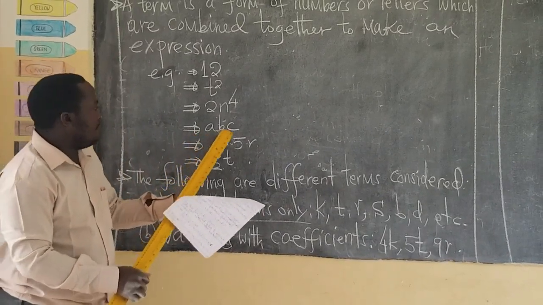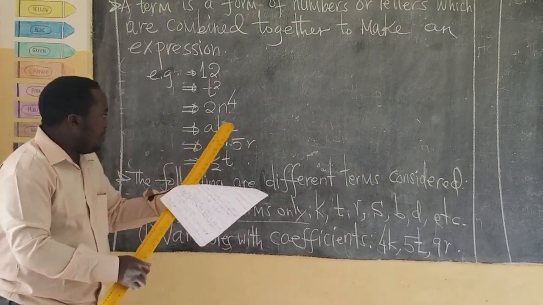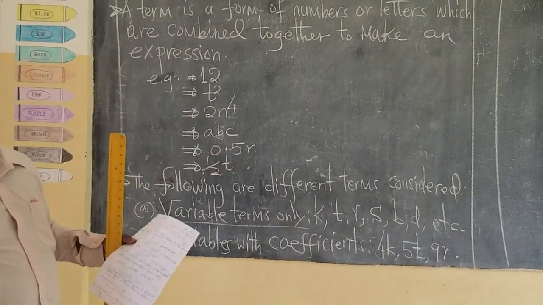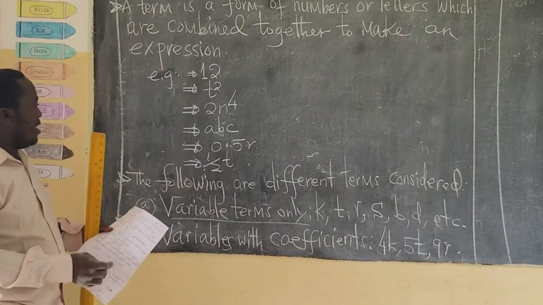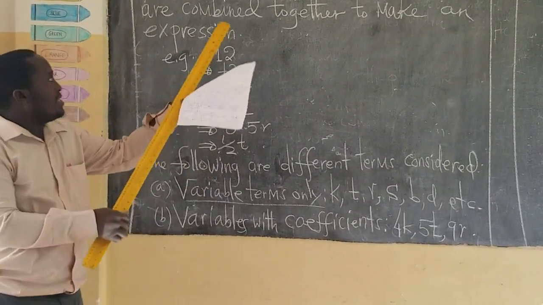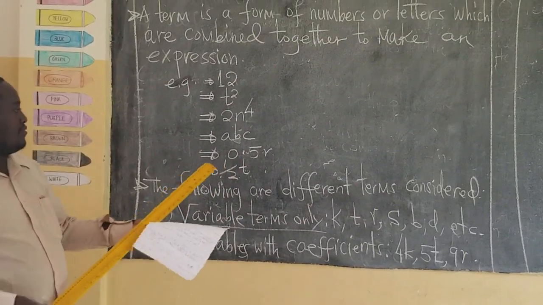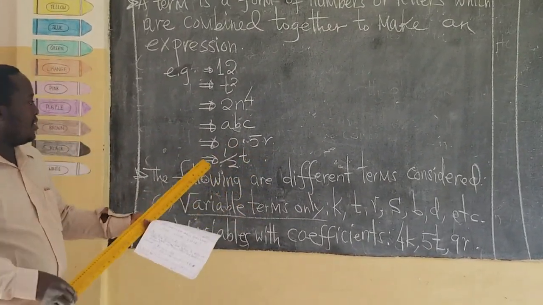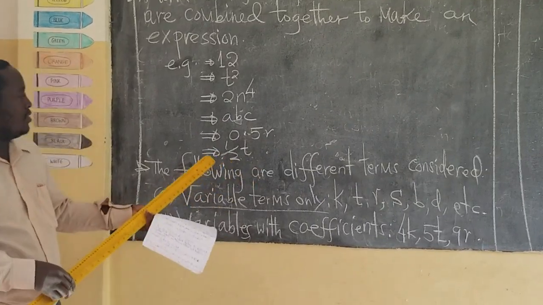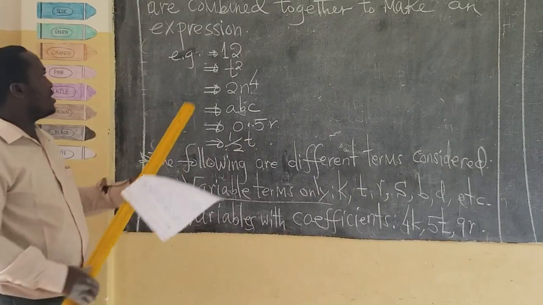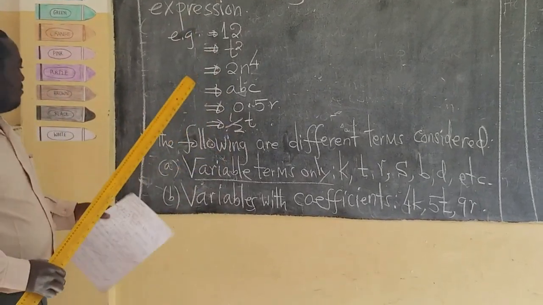We have abc. That is also a term because letters are being combined together. We have also 0.5r. Terms can be formed with decimals, like 0.5r, and also with fractions, like a half t. Those are examples of terms being formed.